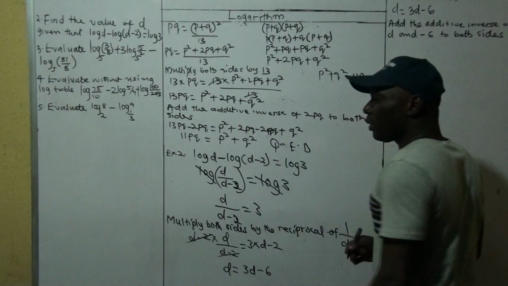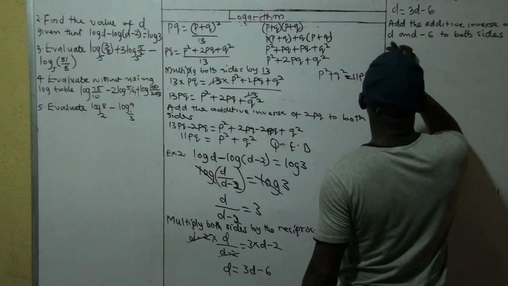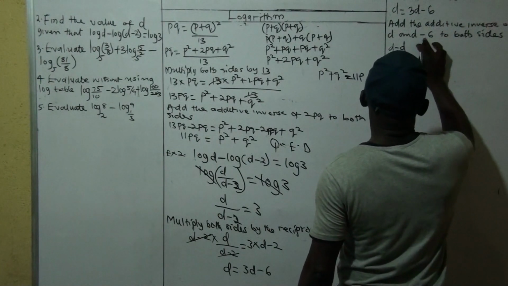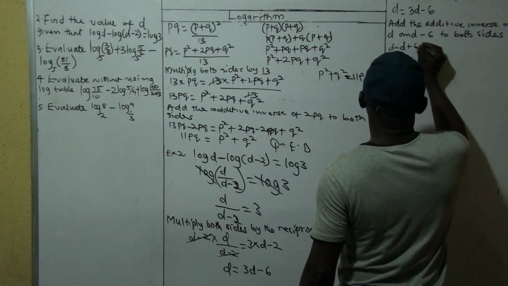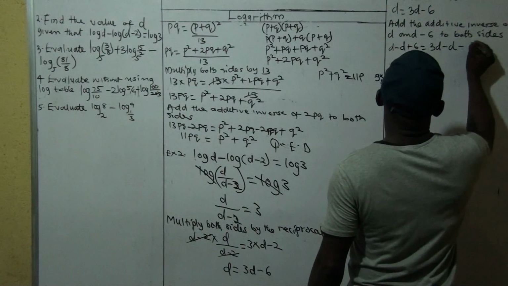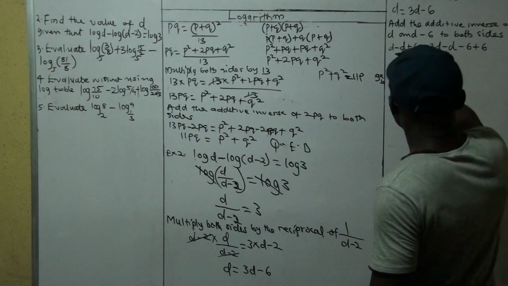So the one you use to say collect like terms, but this one, add the additive inverse. Additive inverse of d is minus d. So we say d minus d. Additive inverse of plus 6 is 6. So here we have 3d minus d minus 6 plus 6. Here this is off.